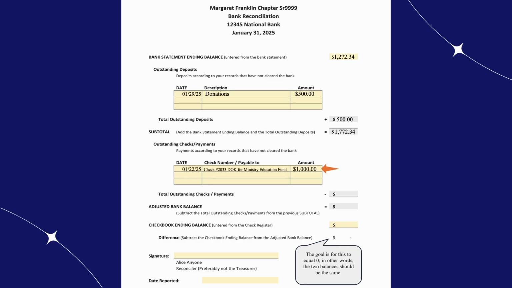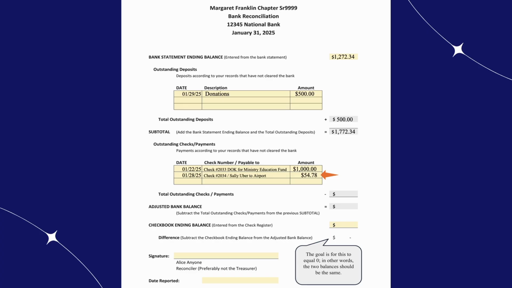Next, we move on to identifying any outstanding checks or payments. We see that check number 2033 has not cleared the bank yet. So we add check number 2033, written to the Daughters of the King for the Ministry Education Fund, in the amount of $1,000. We also enter check number 2034, dated January 28th, for $54.78.